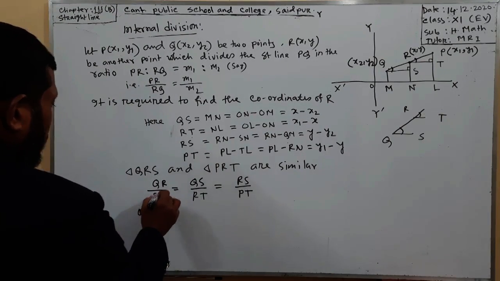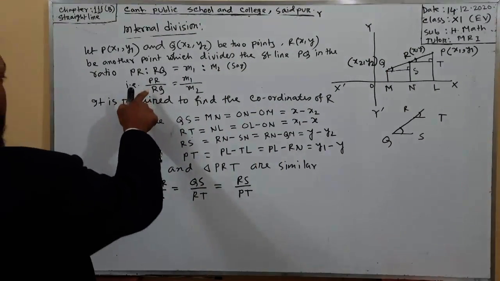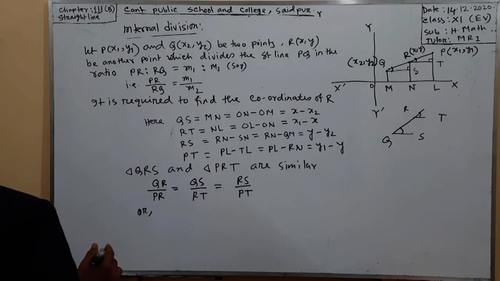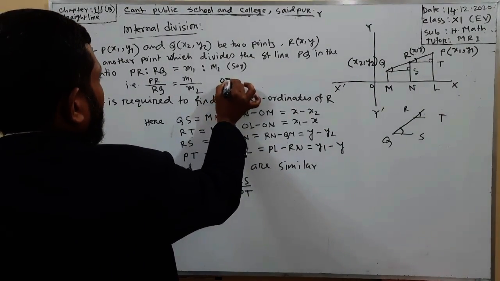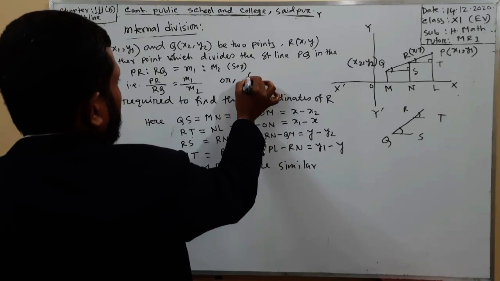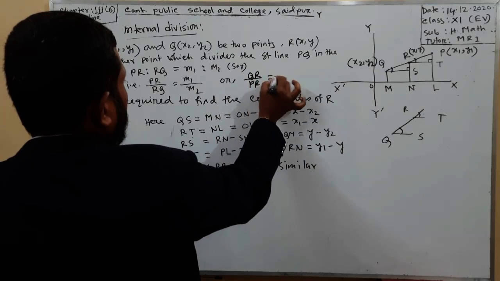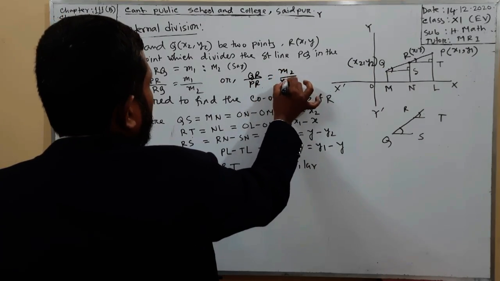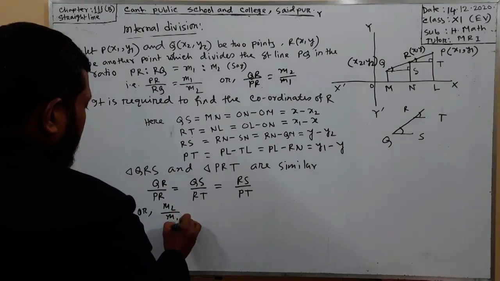Or we know PR by RQ; if we write it oppositely, QR by PR will be M2 by M1.